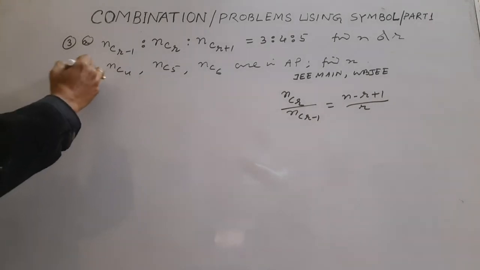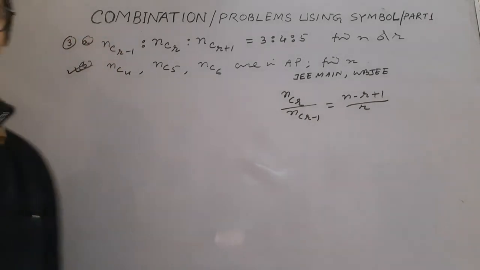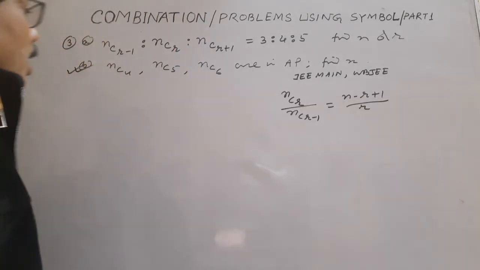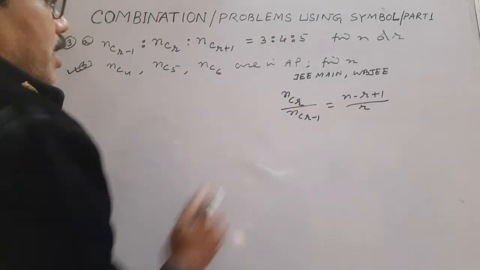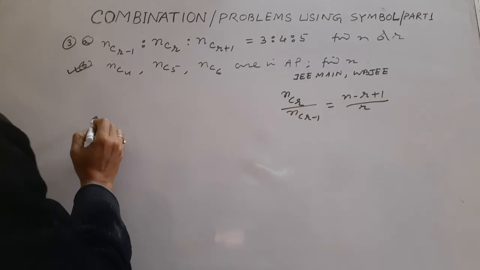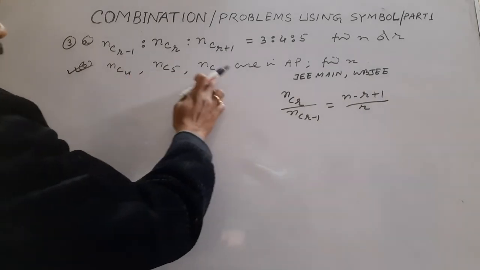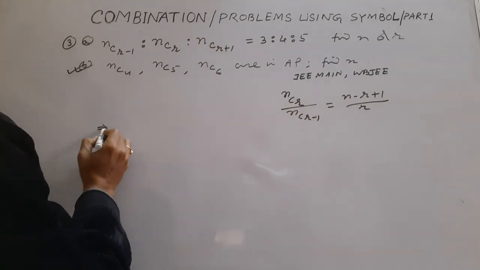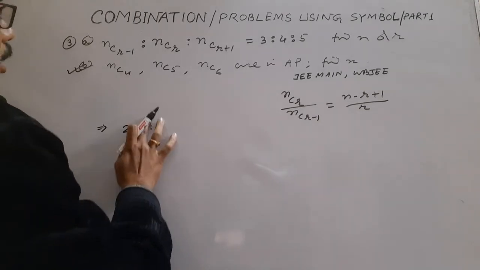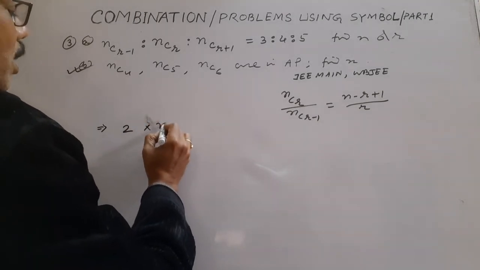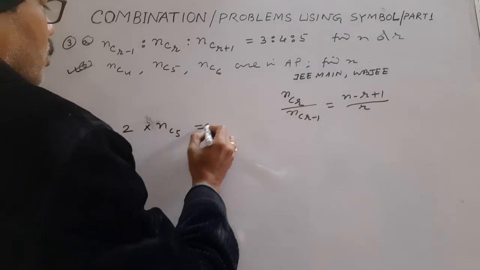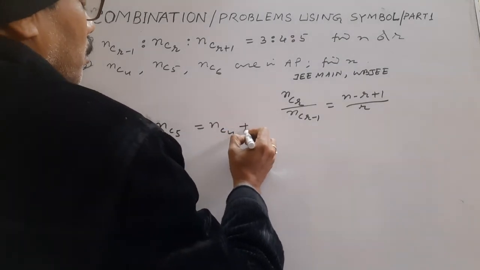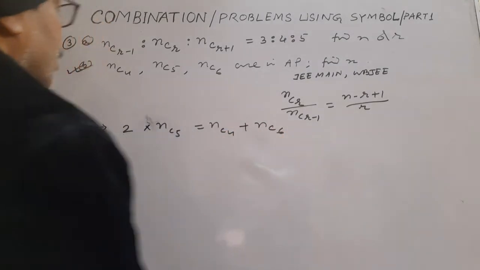So consider problem number B. NC4, NC5, NC6 are in AP, find N. Therefore, twice the second term NC5 equals NC4 plus NC6.